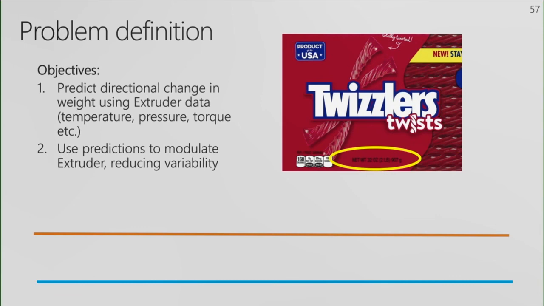So to account for the variability in the product, Hershey actually creates a target for their machines. That's that orange line that's actually above the line. So the blue line down below represents 32 ounces. The orange line above that represents a higher level that the machines are set to produce to account for that variability. So the gray line is the actual weight.